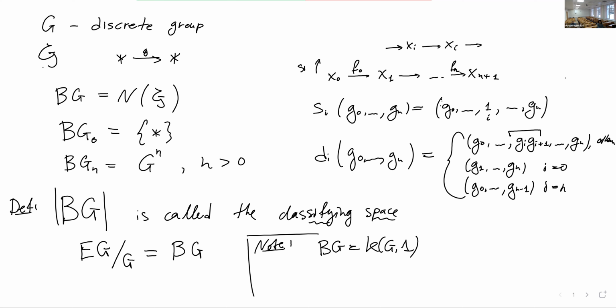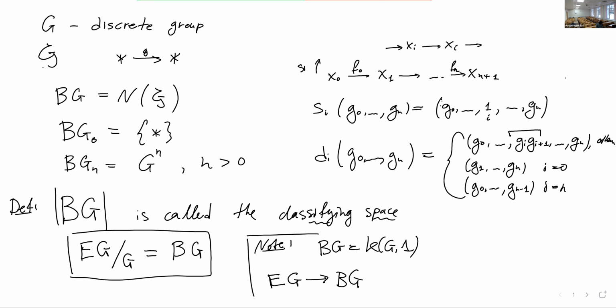And also this map, well, EG is a covering space, and importantly it is contractible, because we will need this later. So these two things are worth noting.